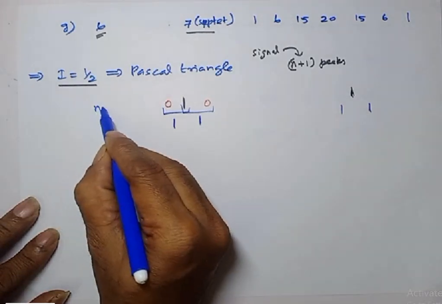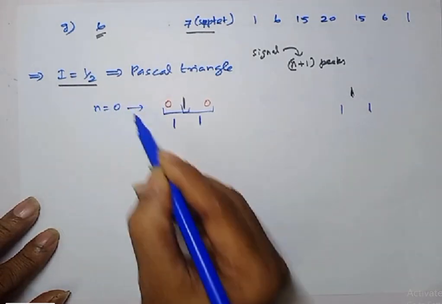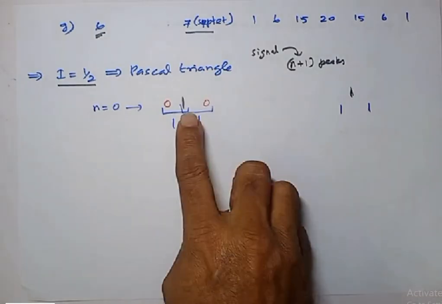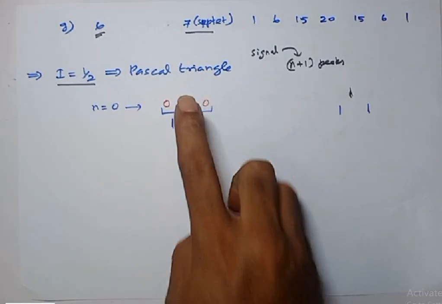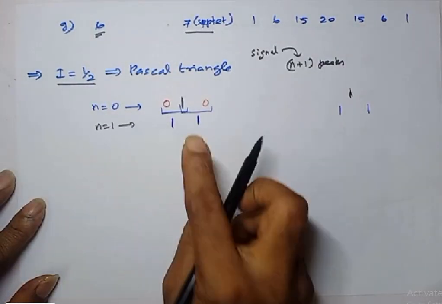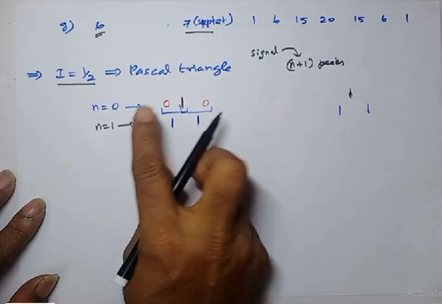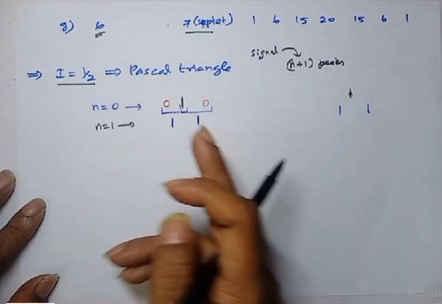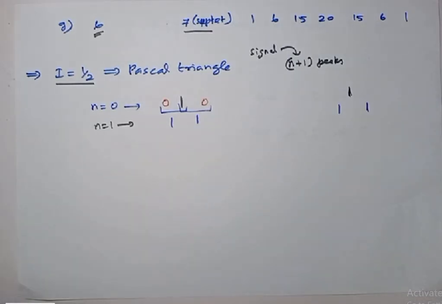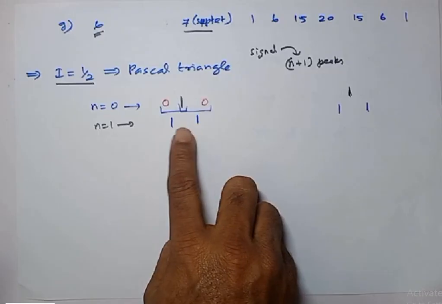This is for n equal to 0: if there is no hydrogen on the adjacent carbon, we get only one signal, called a singlet. If the adjacent carbon has 1 hydrogen, then that hydrogen splits the HA proton into 2. You get a doublet.